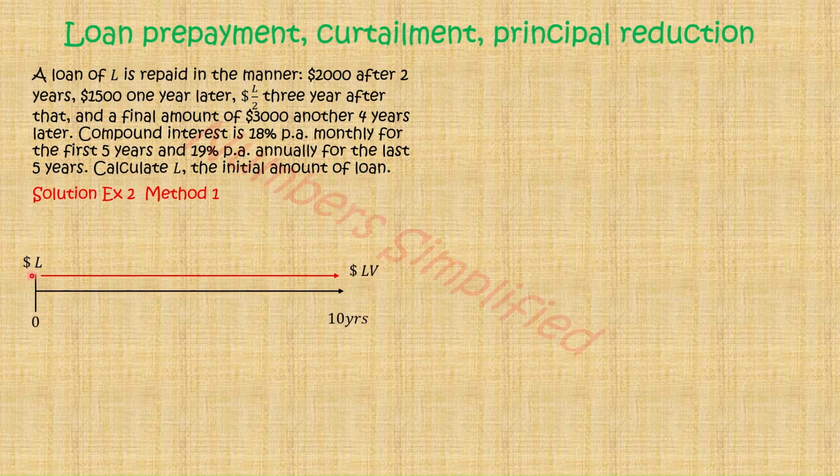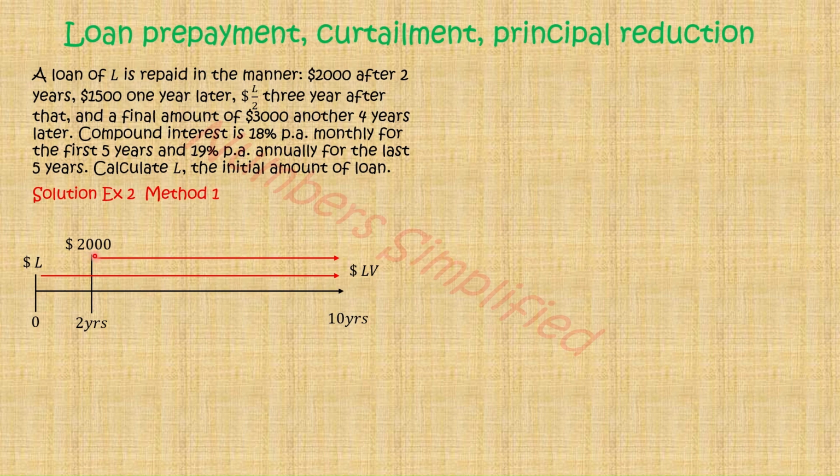So the first thing is the loan itself. So the loan itself is given, and that loan is L at time 0, and that loan is going to mature after 10 years. The second thing is we know that after 2 years, there was an amount that was paid in order to reduce the value of the loan.